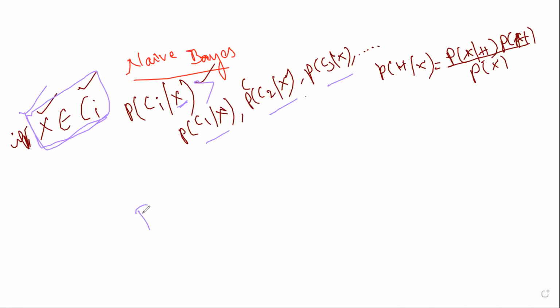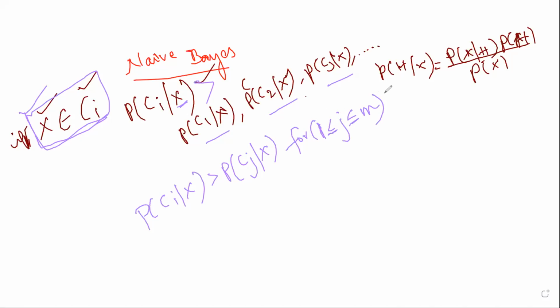P of Ci given X should be greater than the posterior probability of Cj given X, where J is between 1 and m, and one more thing, J not equal to I. Right or not?